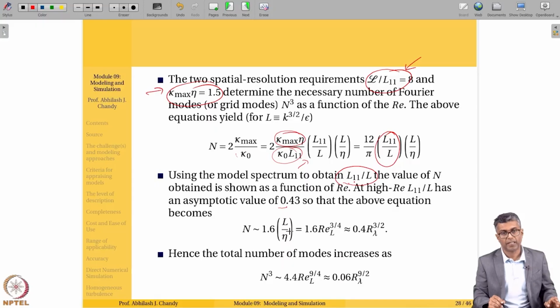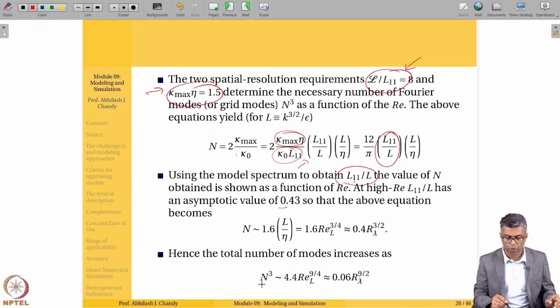L over eta is the integral length scale divided by eta, which we already determined as an expression of Reynolds number, Re_L to the 3/4. So it will be 1.6 times Re_L to the 3/4. In terms of the Taylor scale Reynolds number, it is something else: it would be 0.4 R lambda to the 3/2.